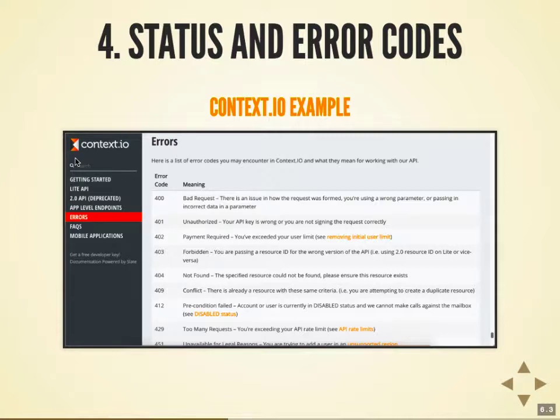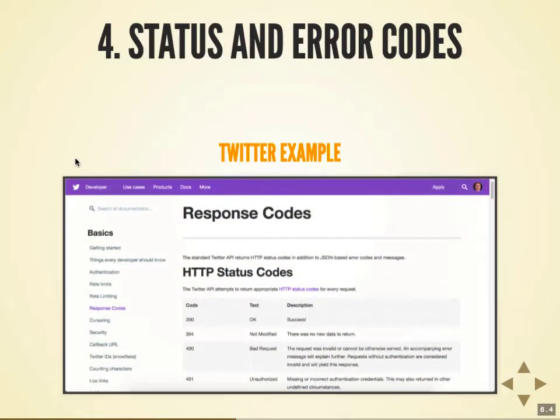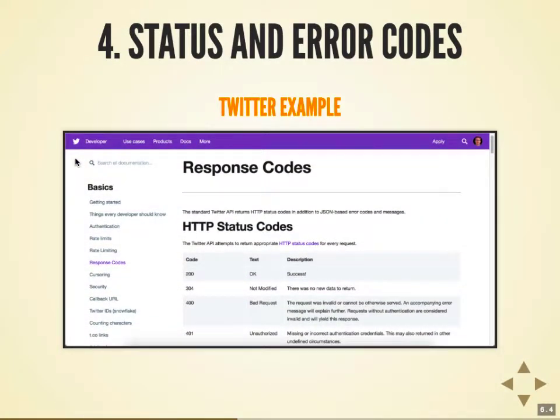Not so helpful on the 404, but things are more descriptive than just something's wrong. Even the bad request, you're probably using a wrong parameter and or passing in incorrect data, something like that. Twitter also gives really good explanations of their codes, of the requests, and why they got the error and how you recover from it.